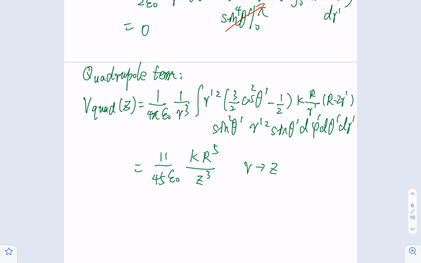Now if you follow through the calculations, you can get the end result, that is some constant times 1 over r to the power of 3, because I'm looking at the z direction, so this r to the 3 is replaced by z to the 3, and all these cosine theta' evaluate to be 1 because of this along the z-axis.